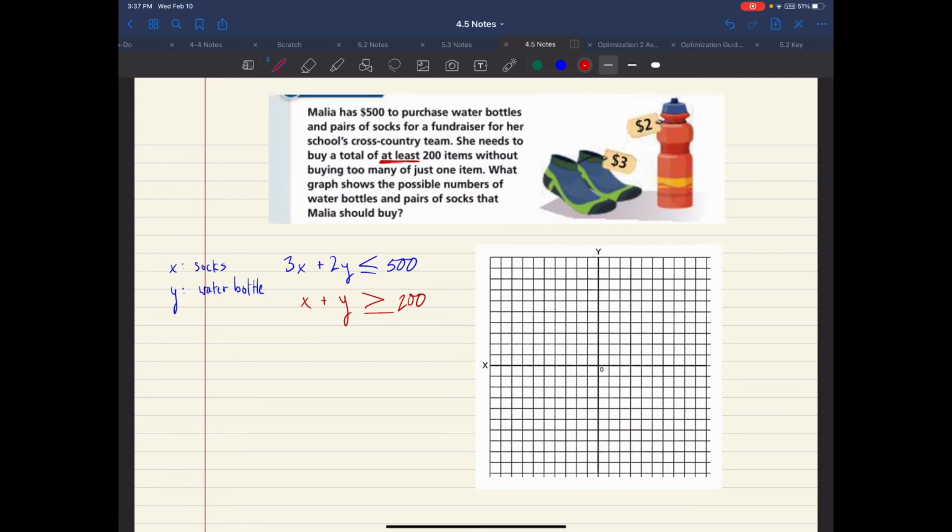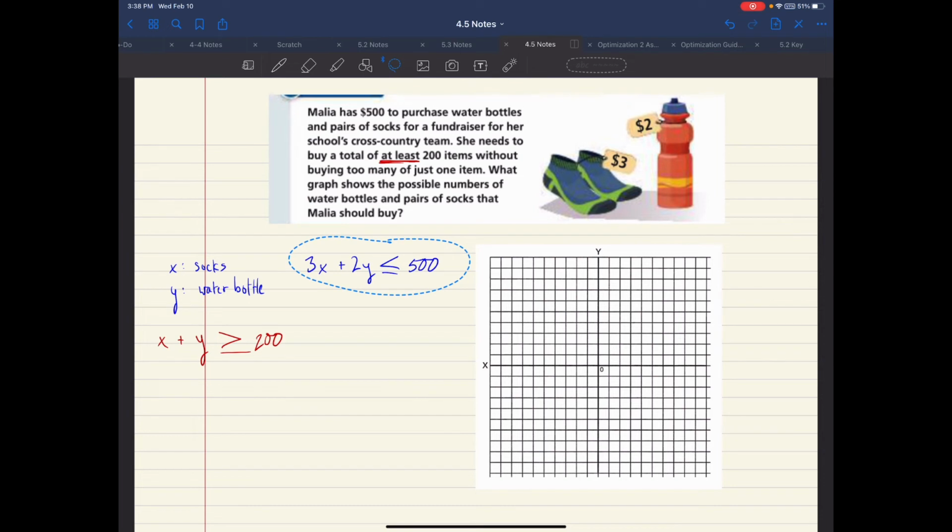This is going to have to be rearranged. Let's move this out of the way so I can do those separately. Let's work with the blue equation first, and we have to solve this for y. Let's subtract 3x. So we have 2y is less than or equal to negative 3x plus 500, divided by 2.